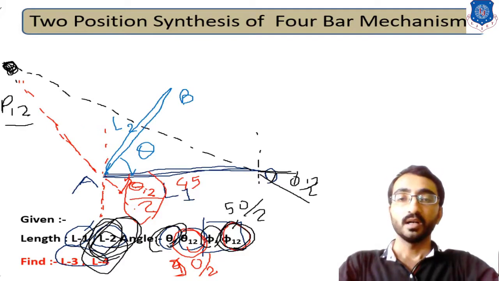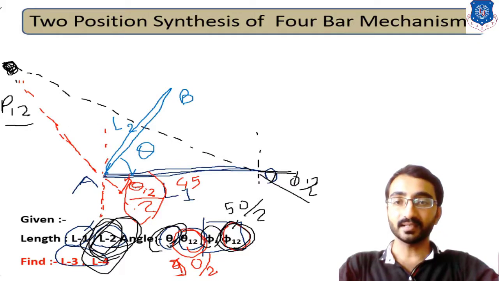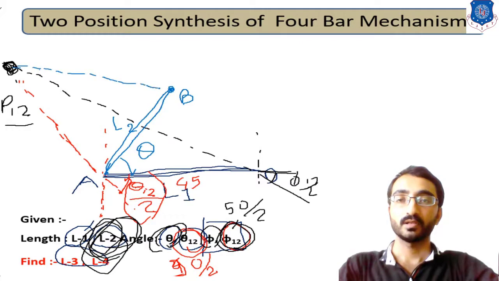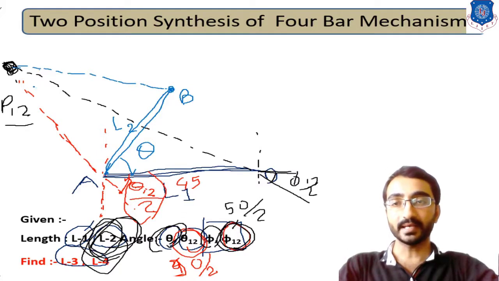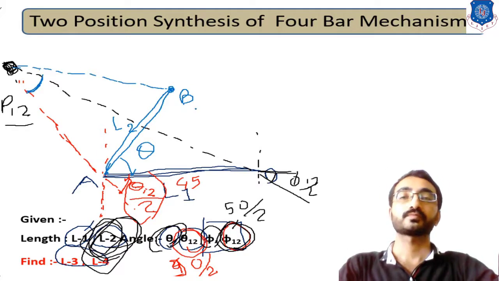Now after plotting L1 and L2, you have to connect this B point with your pole point, like this. This angle is for pole 1, 2.